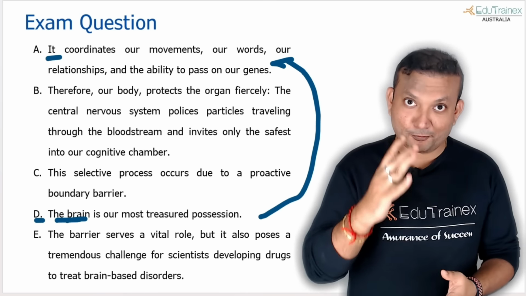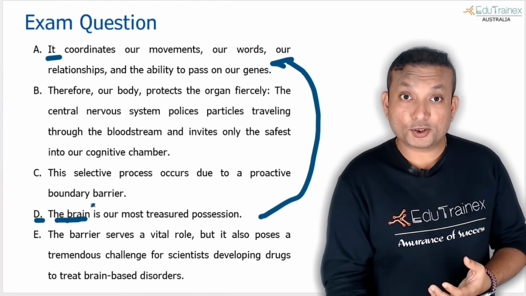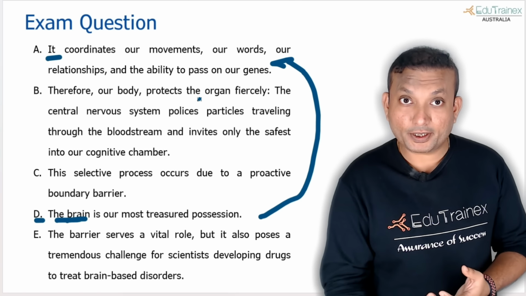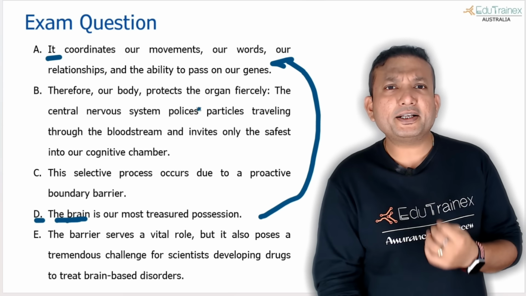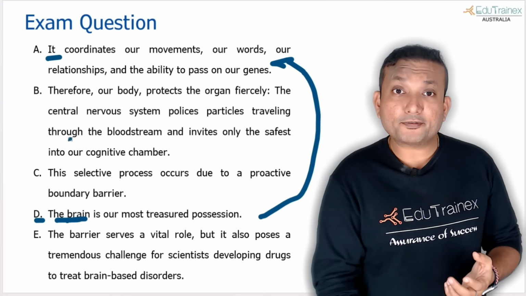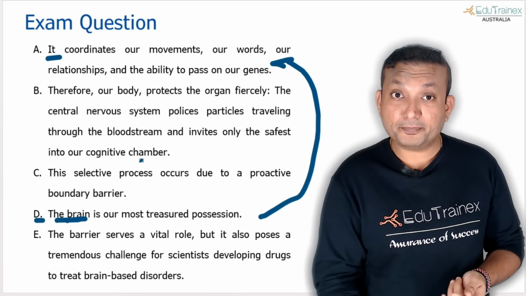There is one more and we'll wait for it. Can we see any other sequences here? So after this, therefore our body protects the organ. Okay, the organ, we'll talk about it, but let's examine what is being explained in this sentence. The central nervous system polices particles traveling through the bloodstream and invites only the safest into our cognitive chamber.